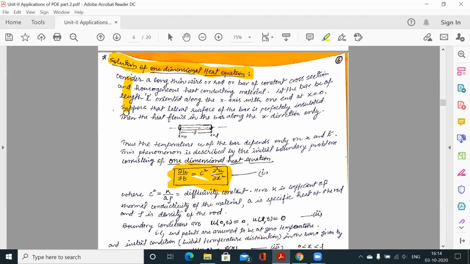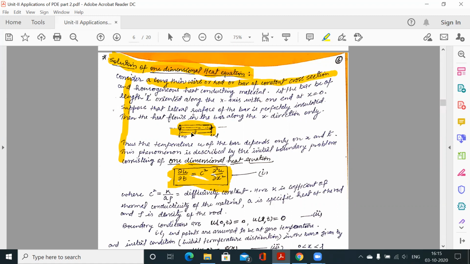This is the theory about the heat equation, how it is generated. This is the basic theory. We have a very long wire or rod, which is very thin and very long. Consider a long thin wire or rod or bar of constant cross section.